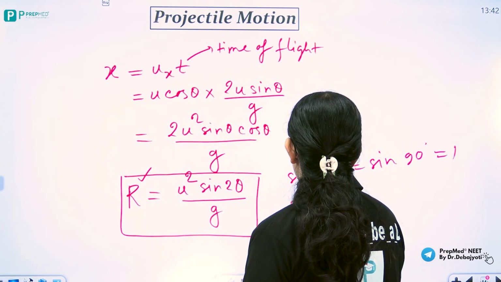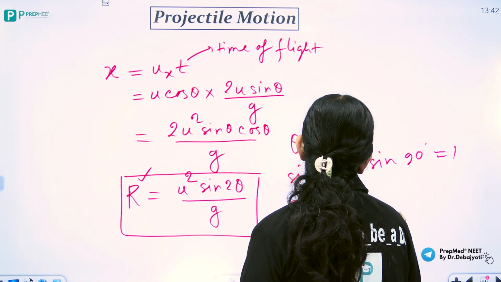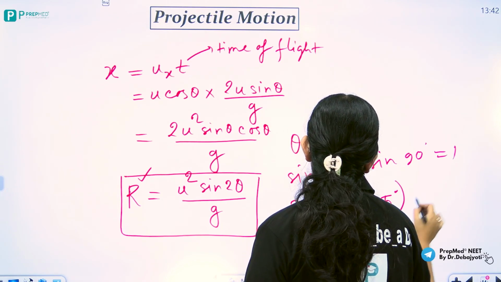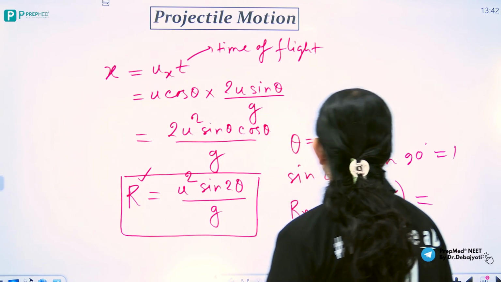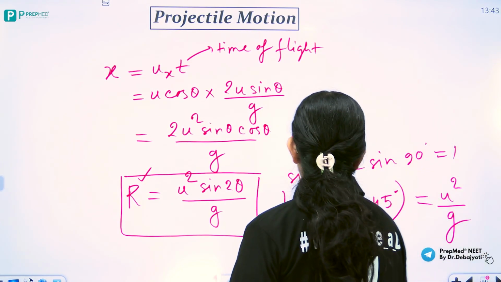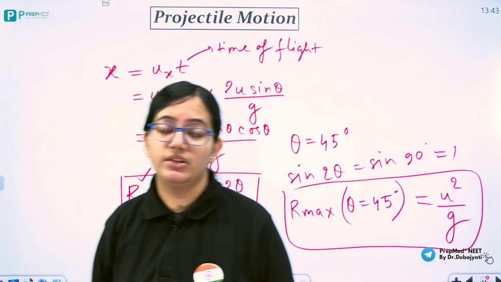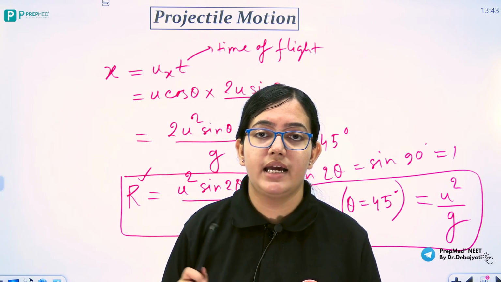So we get R max at theta equals 45 degree, and the maximum value is u square by g. Okay. So we got two values, one is horizontal range and one is time of flight.